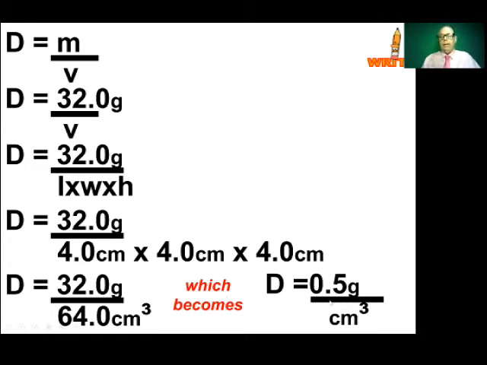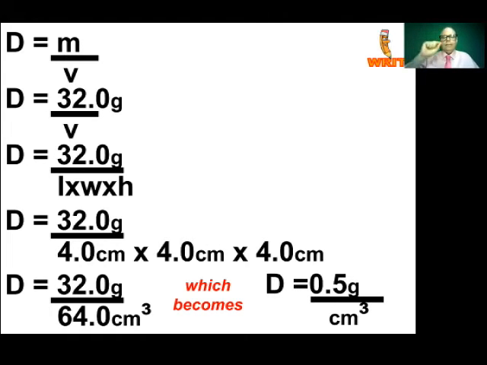Now, it's very important here, the centimeters cubed doesn't go away. When we measure with a ruler, our units are centimeters, right? And when we measure with a scale, our units are grams. And when we calculate volume, our units are centimeters cubed. Well, the units for density are grams over centimeters cubed, and you will always have that unit there.